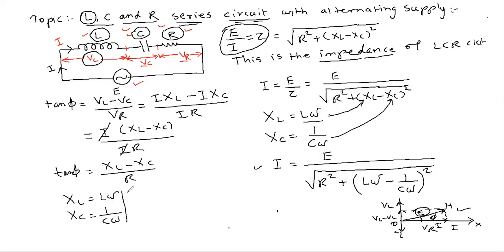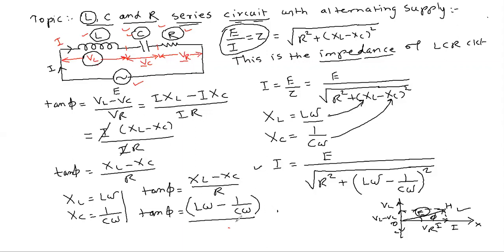So putting this value in this equation, tan phi is equal to XL minus XC upon R, which becomes tan phi is equal to L omega minus 1 upon C omega, upon R.